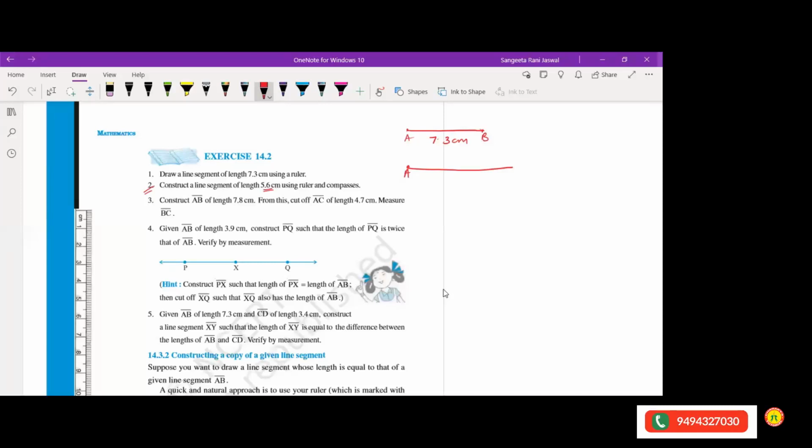Then keep the compass needle at point A and make an arc on this line, such that it cuts the line.